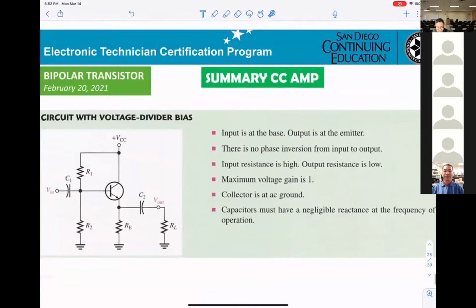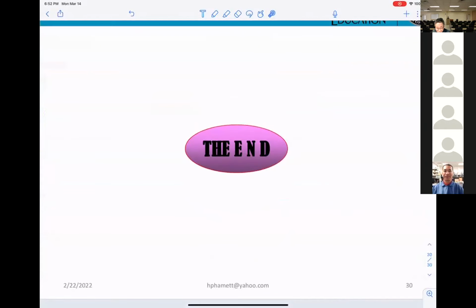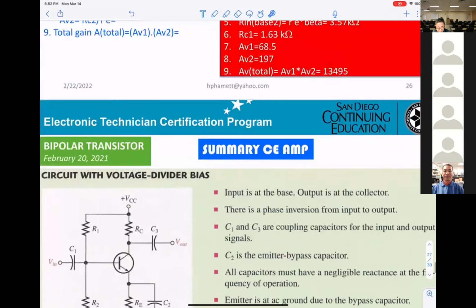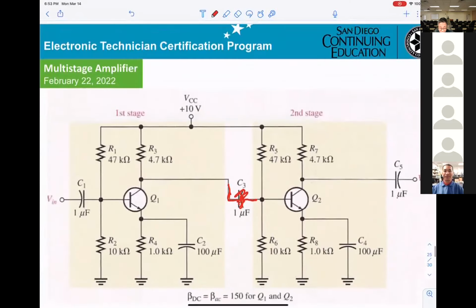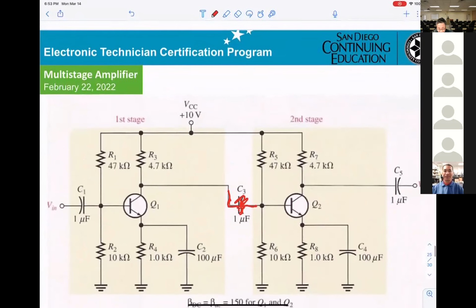However, I want to see what else. Okay, now this one. If I connect this way, take it out, this is also a multi-stage amplifier.